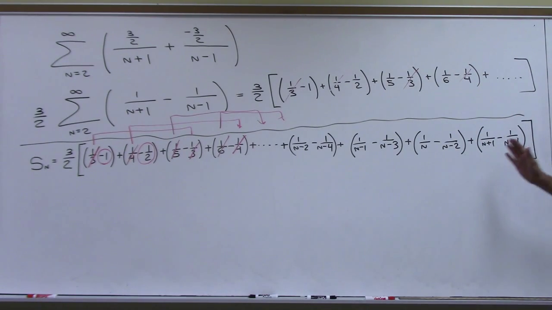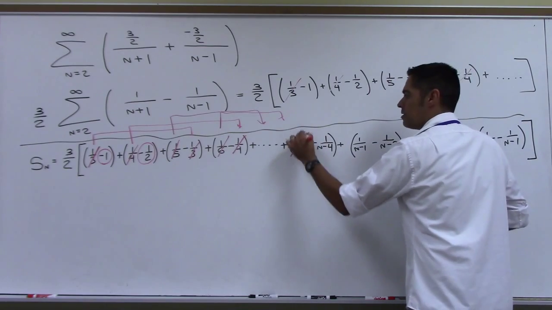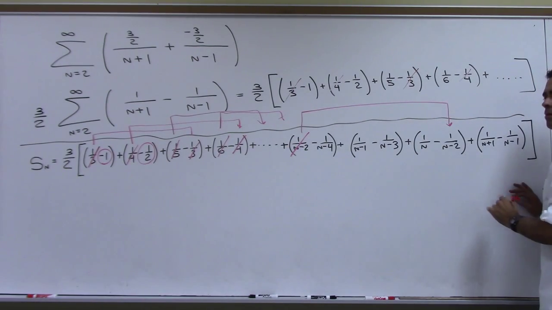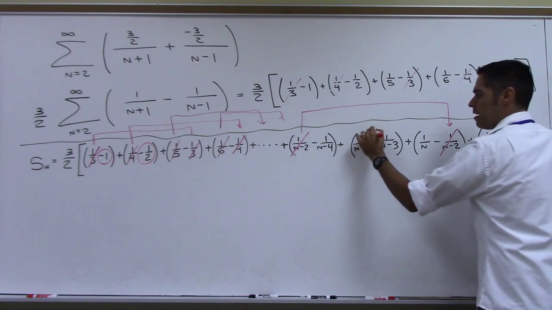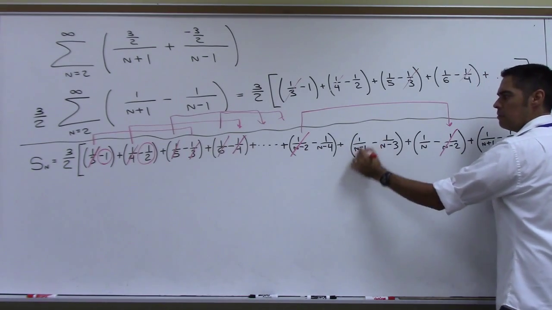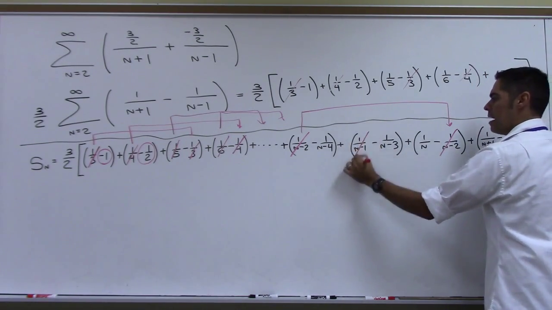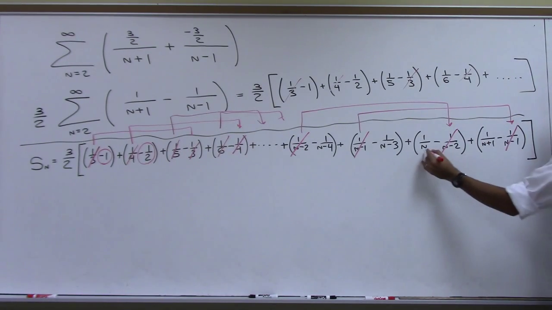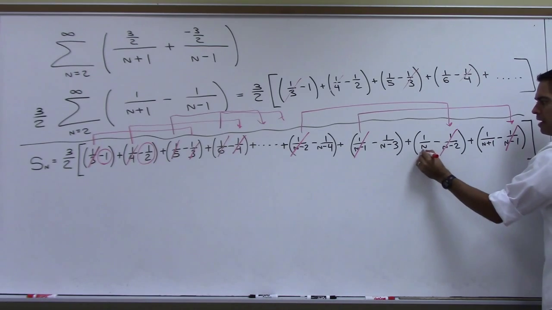Now, back here, first guy cancels with second guy 2 down. First guy cancels with second guy 2 down. This first guy stays, right?